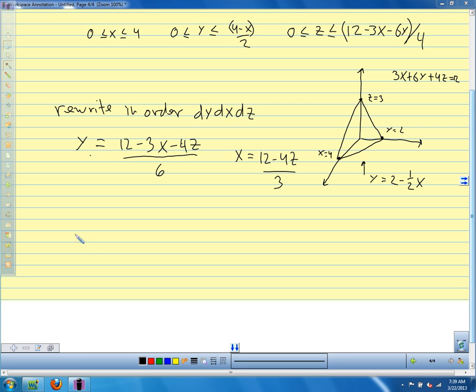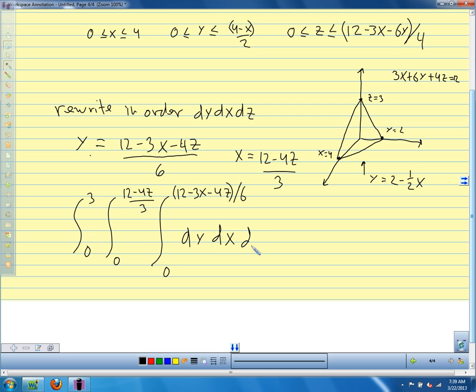So we can rewrite our integral: z equals 0 to 3, x equals 0 to 12 minus 4z over 3, and y equals 0 to 12 minus 3x minus 4z over 6, dy, dx, dz.